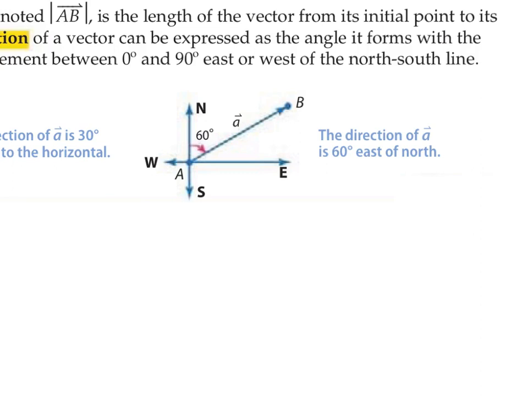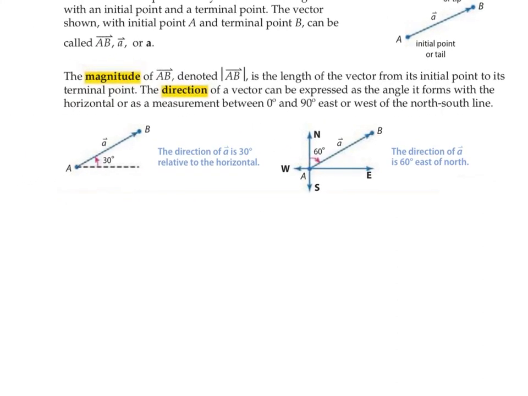But the vector that we see here in the picture is tilted diagonally. It is 60 degrees east of north. So you can use either of those 2 ways to describe the direction of a vector. Both of them use degrees. One way uses degrees in relation to a horizontal line, and the other uses degrees in relation to north, south, east, and west.